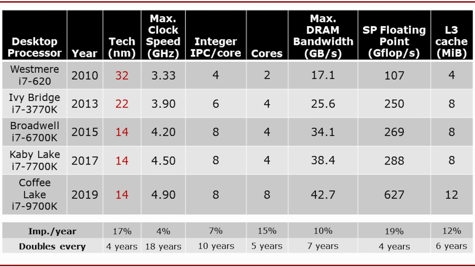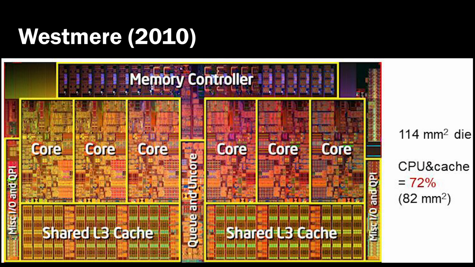Intel understands this, and you can see their strategy for dealing with this problem. If you look at die photographs or chip photographs of the previous 10 years of their Intel processors, the processor from 2010 set aside 72% of the chip area for the CPUs, and the remaining 28% to specialized logic, specialized hardware for memory and I/O performance.